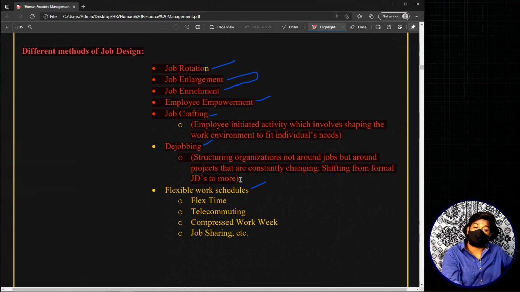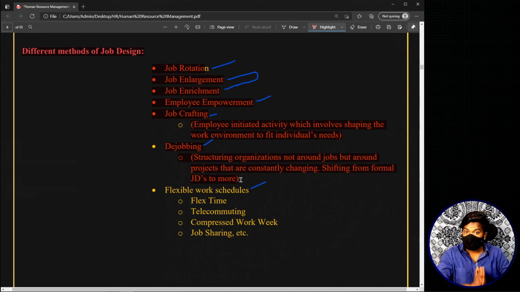This is the method called dejobbing, where you shift from the formal JDs, job descriptions, into a much more evolved manner, where the jobs are not limited to a particular job description, but it's like being open minded in terms of the environment. So this is the method of dejobbing, right?